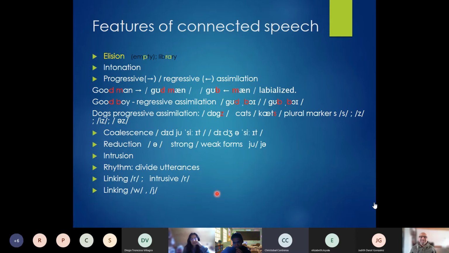Oh, you're right, Cristobal. 1, 2, 3, 4, and a 1, and a 2, and a 3, and a 4. I don't remember why I was using that example. Does anyone remember? No, I'm kidding. I'm not that forgetful.